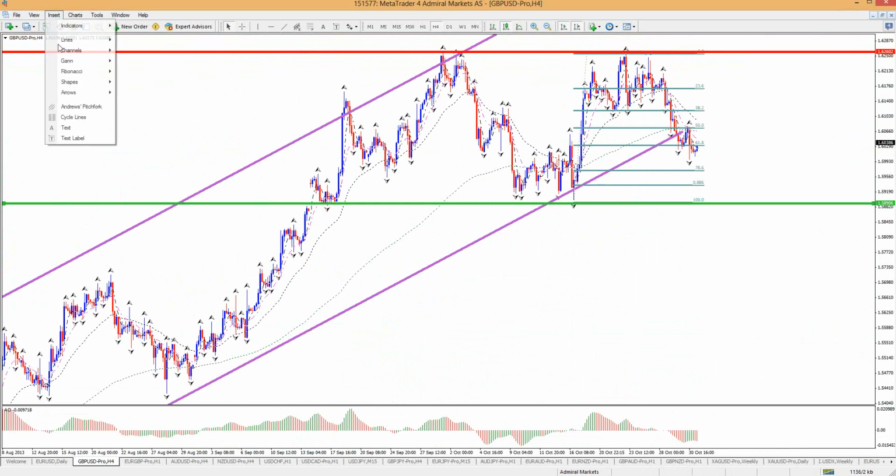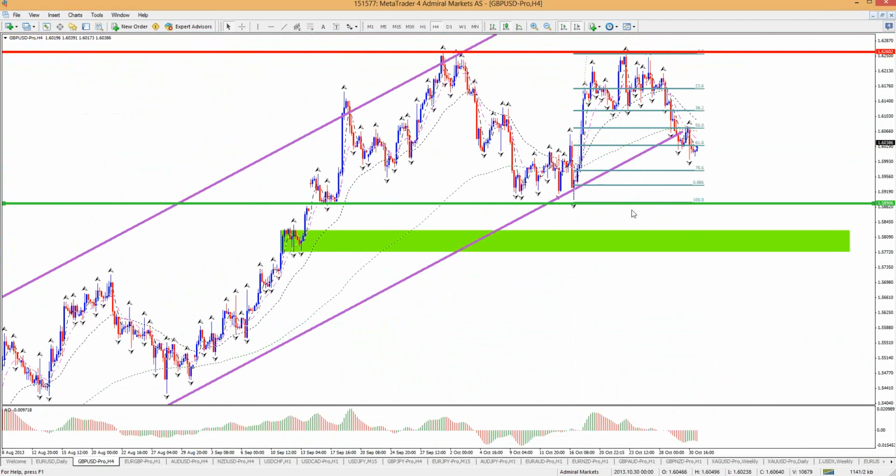Well, the 4-hour chart has a supply demand a bit lower. Let's take a look. There's this zone, you see here, right in here. It's under the bottom. Price never got there, so it's still active.